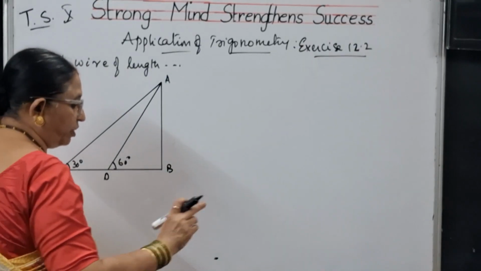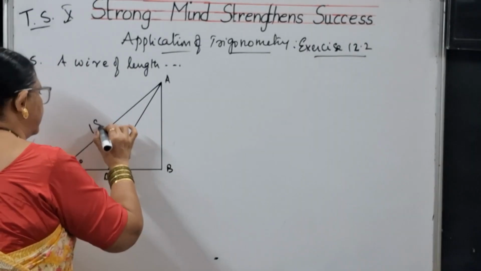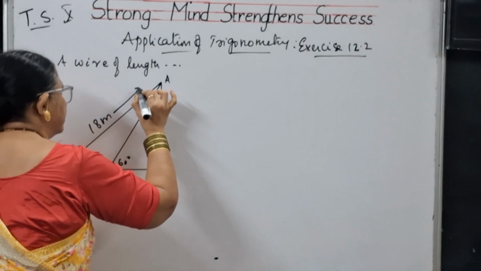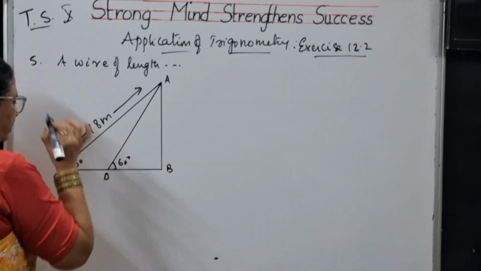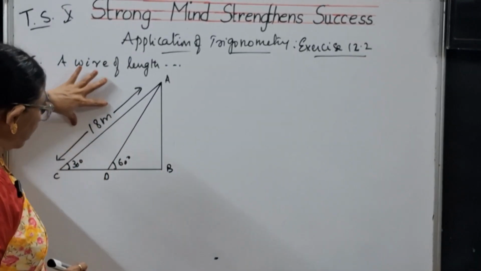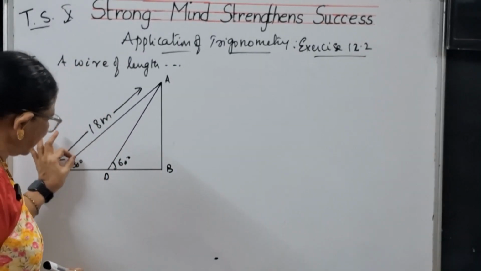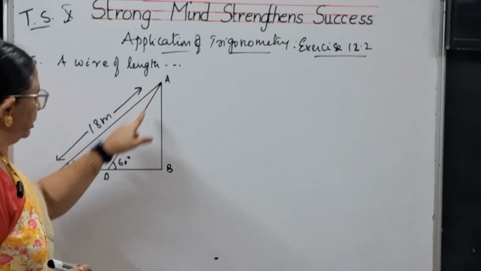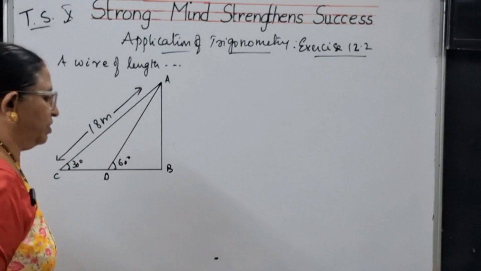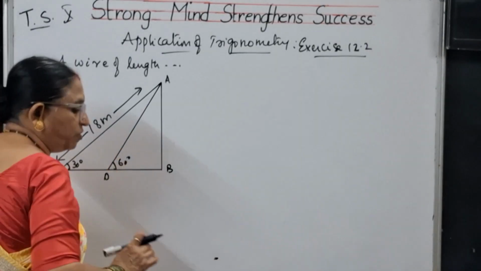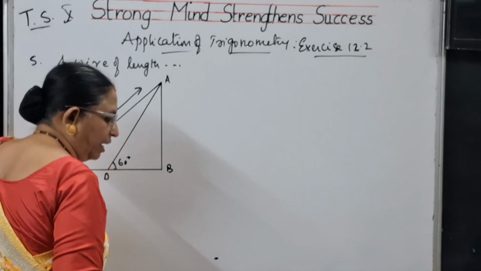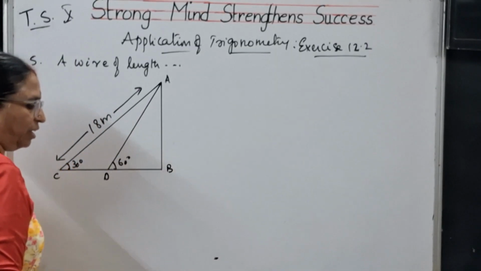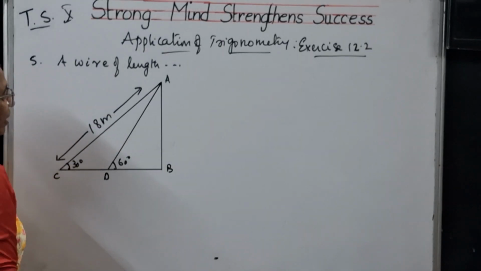Actually a wire of length 18 meters they said. So first its length is 18 meters. So some part of it is cut so that when they tightly fix it here, it has made an angle of elevation 60 degrees. So how much length of the wire they have removed? What is the length of the wire that was cut?